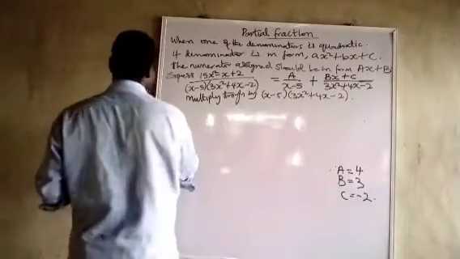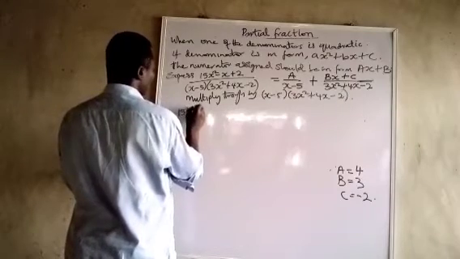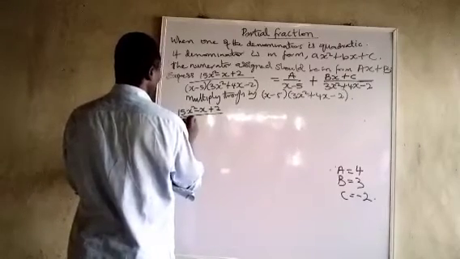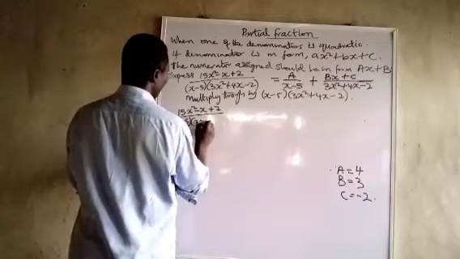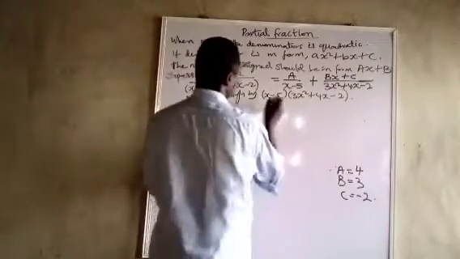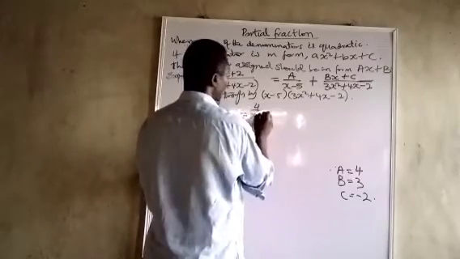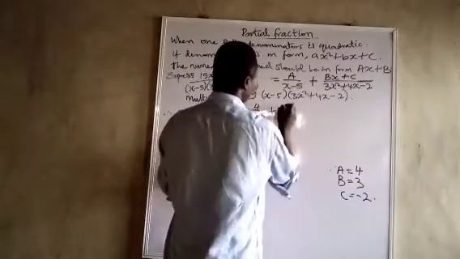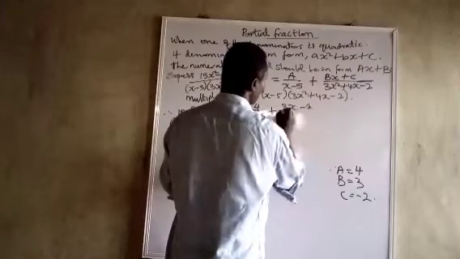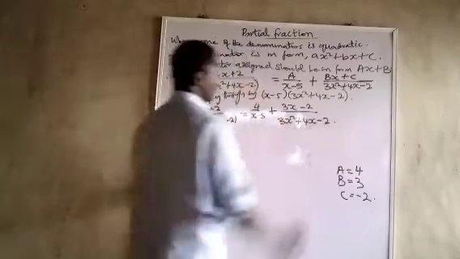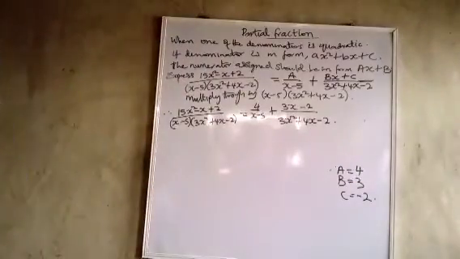Therefore, (15x squared minus x plus 2) over (x minus 5)(3x squared plus 4x minus 2) will be equal to 4 over x minus 5 plus, what is b? (3x minus 2) over (3x squared plus 4x minus 2). So that's the answer. Let me express in partial fraction.